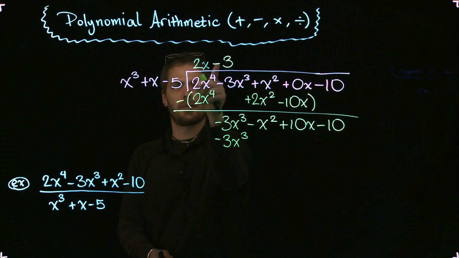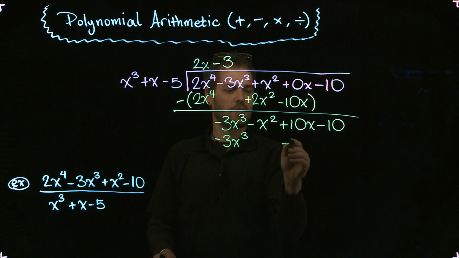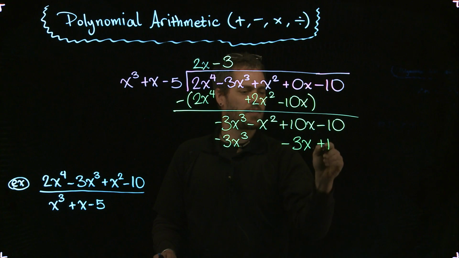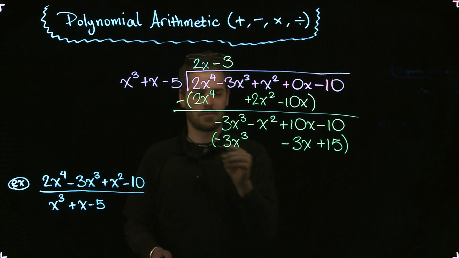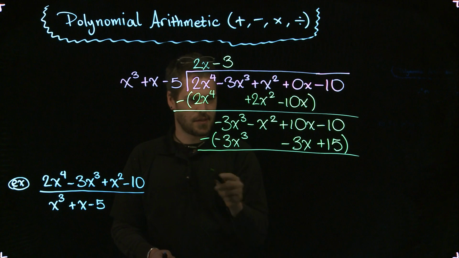Still got to multiply by the other terms in the divisor. Minus 3x. Okay. Stick that right there. And a plus 15. All right. Put our parentheses. We're subtracting this whole business. And the first one goes to 0. That was the point.